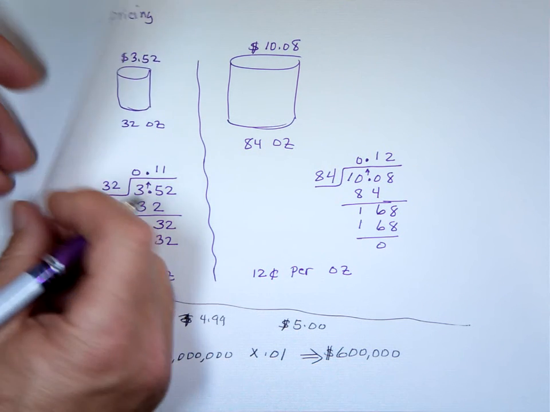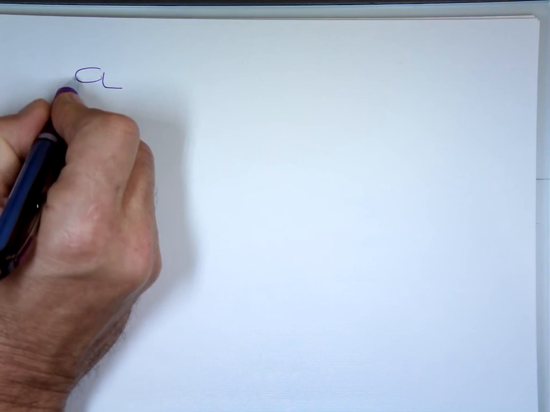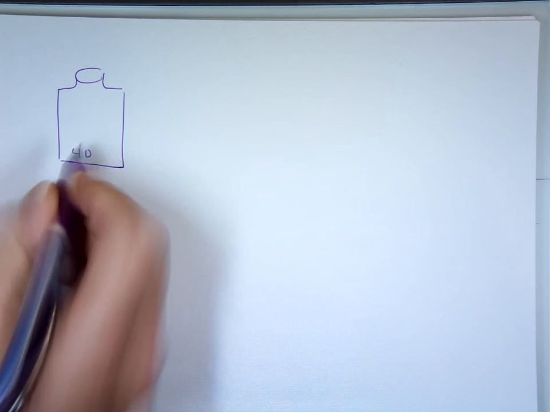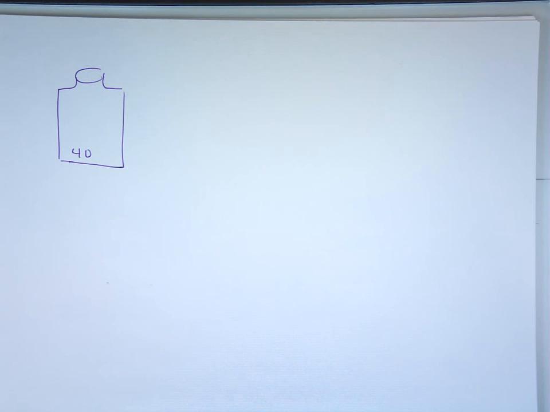I have to take a vitamin every morning. So I can buy the smaller ones or I can buy the bigger ones. The small one might have, let's say, 40 pills in it, and a price of $7.20.